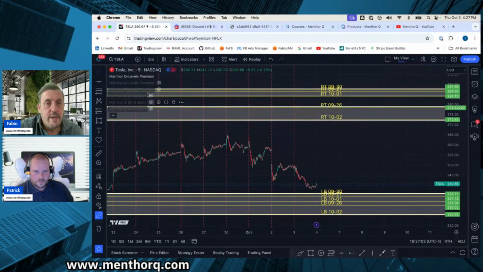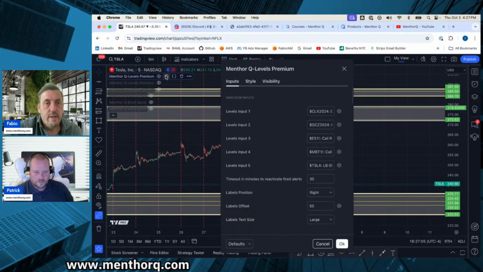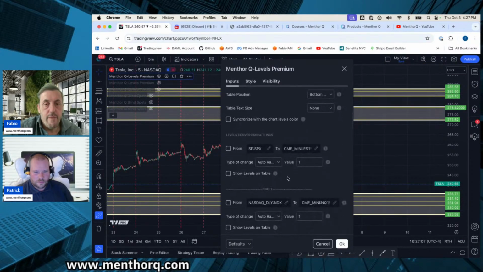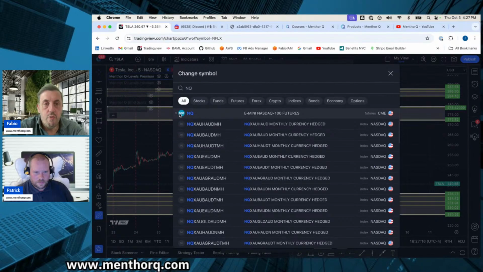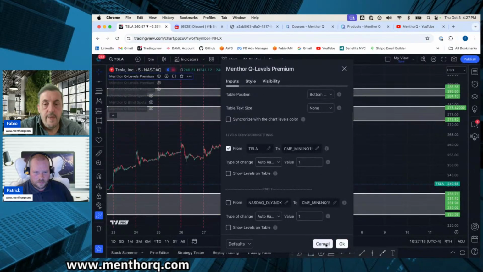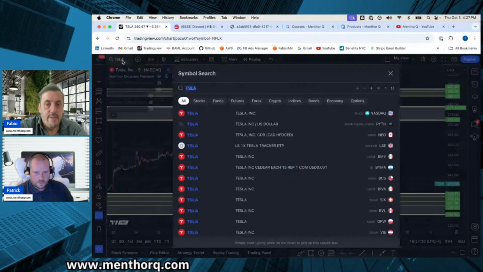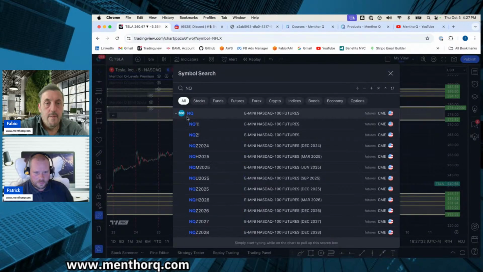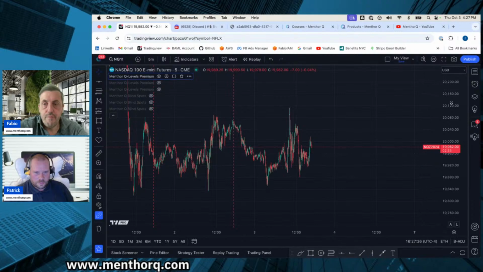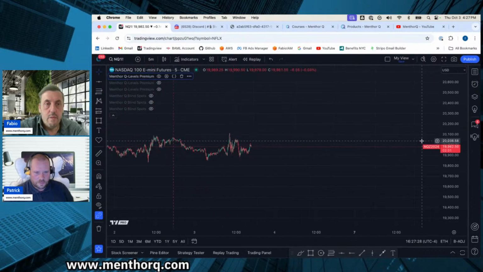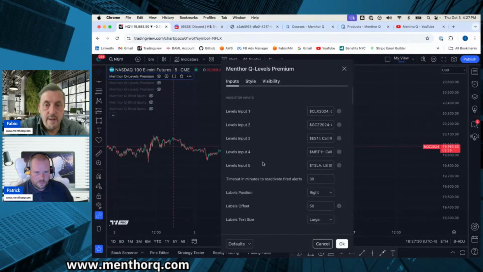So if we go here, I can easily convert our Tesla levels, for example, to any other asset. So I can put them on NQ, and then I can just click OK, and then I just go on NQ. Let's see if I did it correctly.